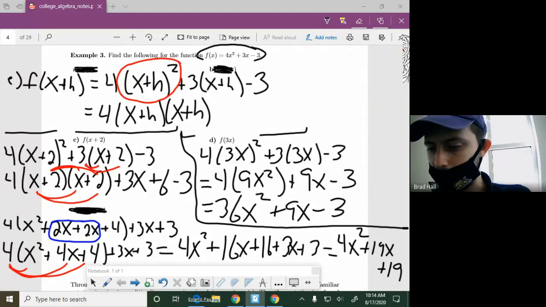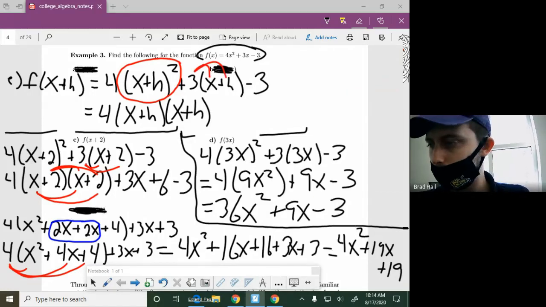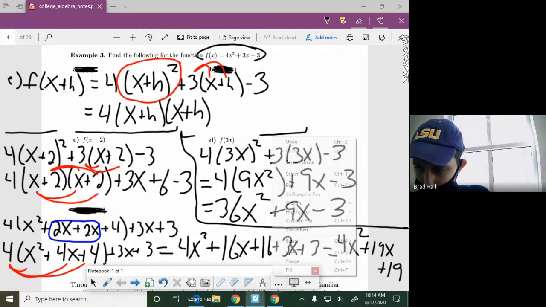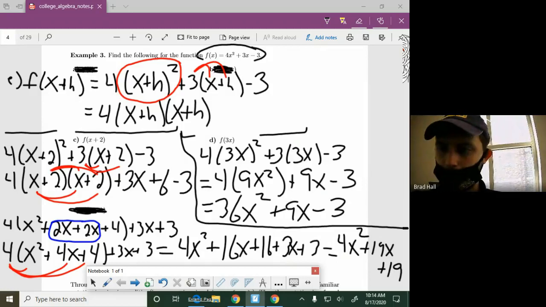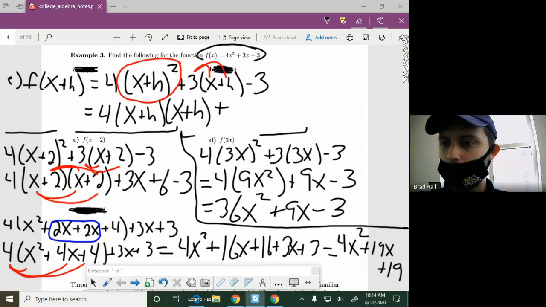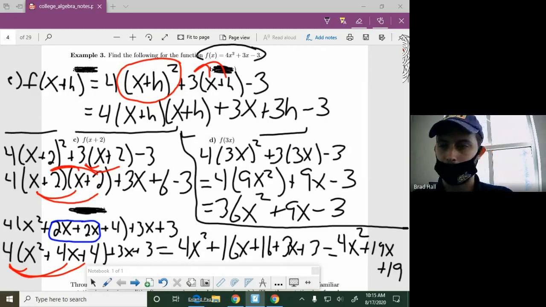I can simultaneously go ahead and distribute the 3 to x and to h, respectively. So that would be plus 3 times x, which is 3x, plus 3 times h, and then there's that minus 3 in the back.